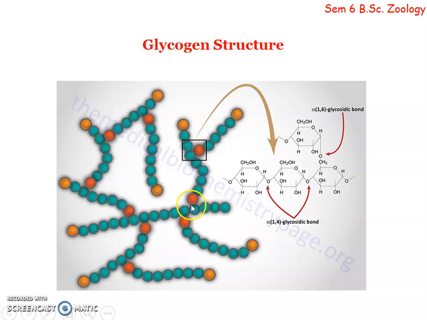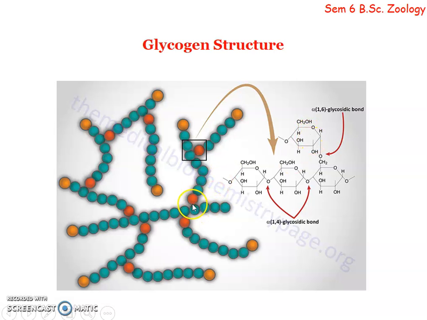At the branching points, there is a change: the alpha 1 carbon of this one is bound to the sixth carbon of this one. So this particular glucose molecule at the branching point has the fourth carbon forming a glycosidic bond with the previous one, and the first carbon forming a 1,4 glycosidic bond with the next one. At the same time, the sixth carbon is also forming a glycosidic bond with another glucose molecule. I hope it is clear.